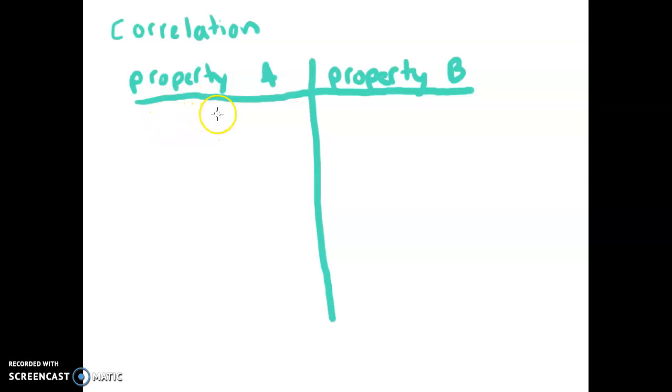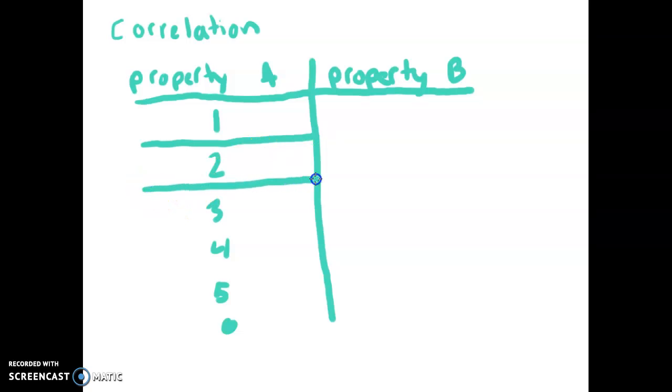And as I change property A from 1 to 2 to 3 to 4 to 5 to 6, and remember, property A could be a number of things. It could be the price of something. It could really be anything, right? Which is why I'm just calling it some property. And it's going 1, 2, 3, 4, 5, 6.